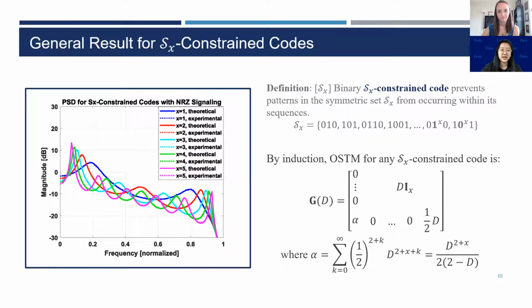So this makes this SX constraint code symmetric. And here's the OSTM GFD of SX, and it is even more sparse for large X than AX constraint code was. So same as the previous plot, our method matched perfectly with the Monte Carlo result, and we can clearly see the absence of discrete DC power due to the symmetry of SX constraint codes.